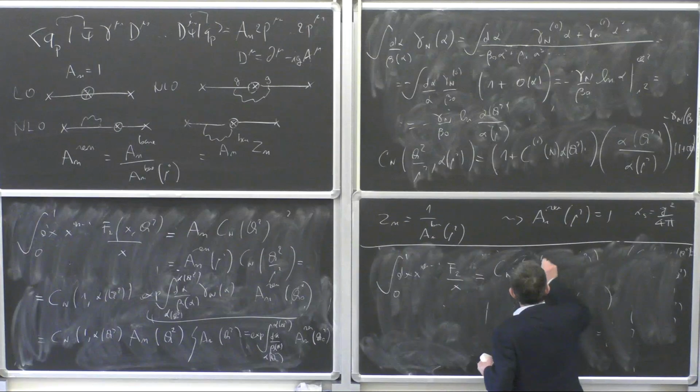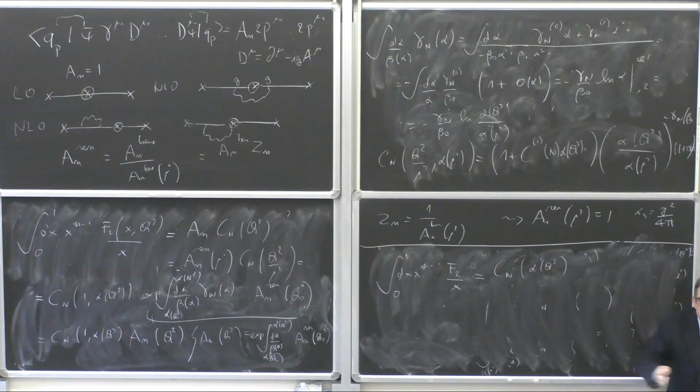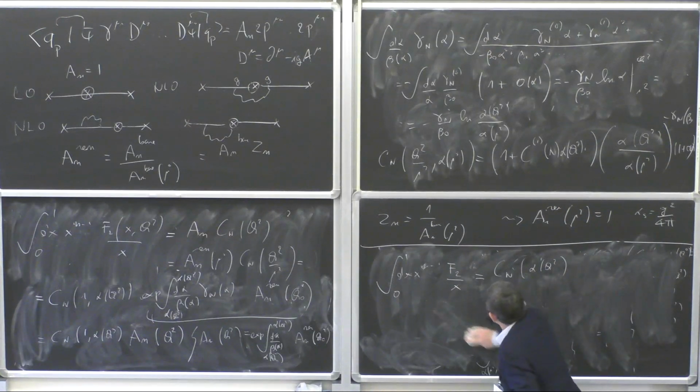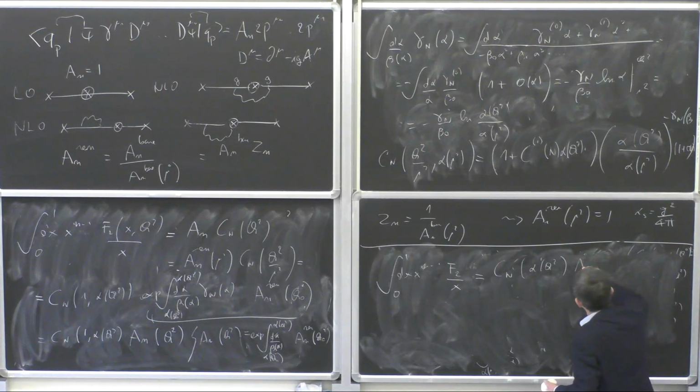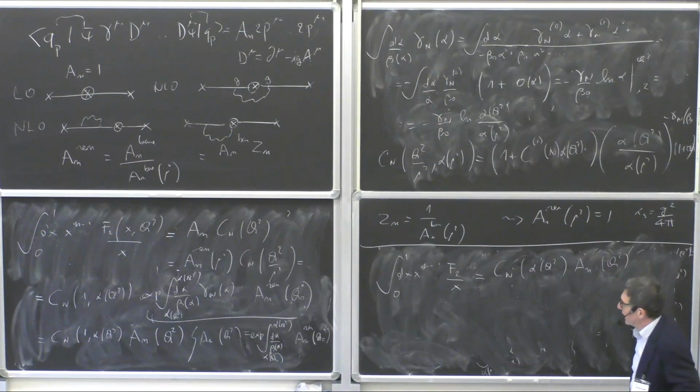So this is just a series in alpha with n-dependent coefficients. So the coefficients are just some algebraic functions of n times an operator matrix element, A_n, which depends on Q squared in a well-defined way.